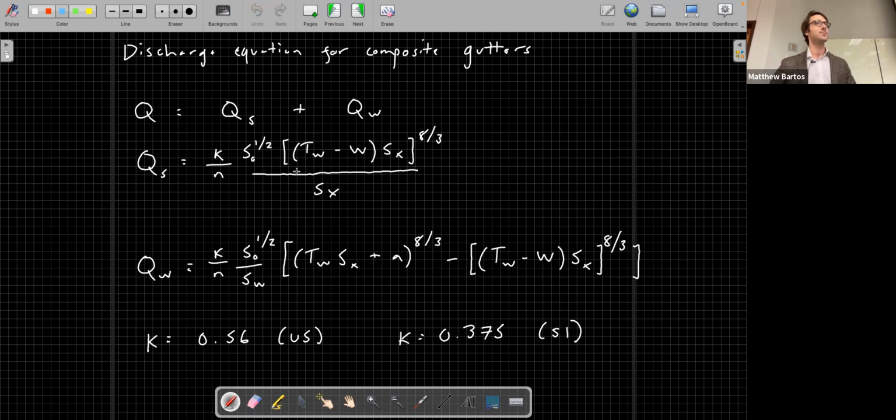Really the trickiest part is figuring out the geometry of this gutter and how it fits into these equations. In particular, for the portion of the flow near the curb, we need to know this slope here. So let's go back to our drawing.